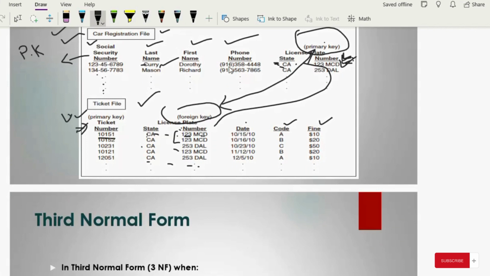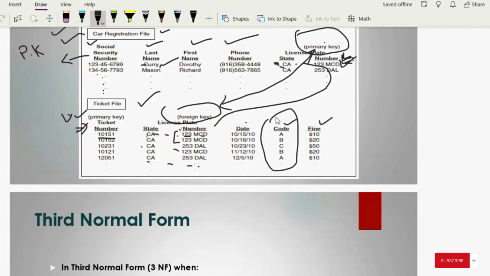But still we have a problem with this second normal form. Can you see over here in the ticket file table, the code is given for what you did. Let's suppose you get a ticket because you park your car in a wrong place. You get a ticket because you did not turn off the car when you were outside the car.